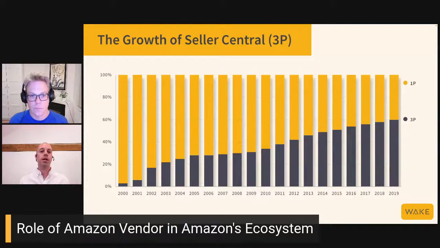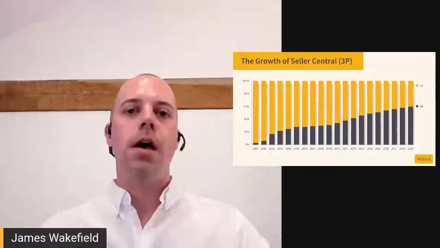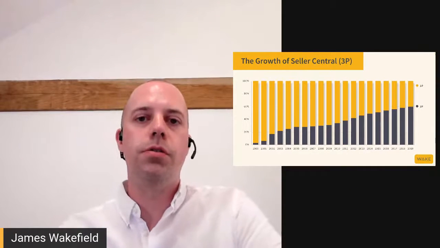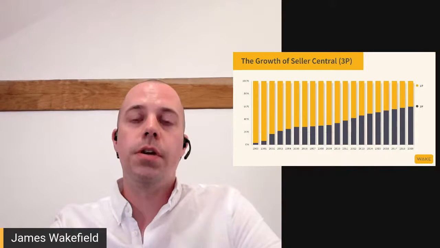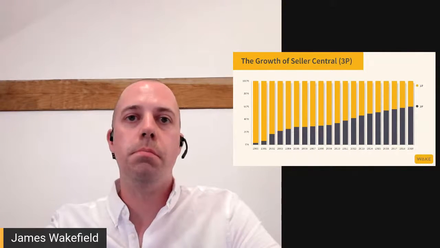And then in the early 2000s, they recognized the power of bringing in third-party sellers, no doubt influenced by the success of eBay, which is purely a third-party marketplace. It's made up exclusively of third-party sellers. This meant that they could exponentially increase the size of their catalogue and range with minimal financial outlay.